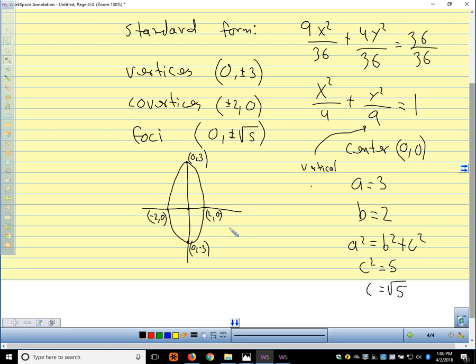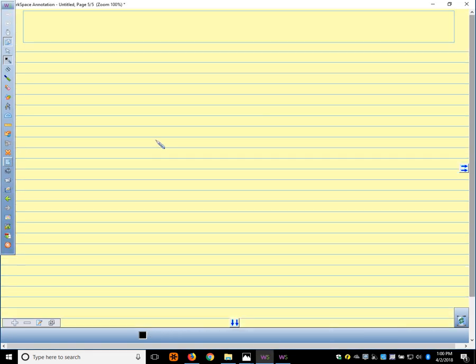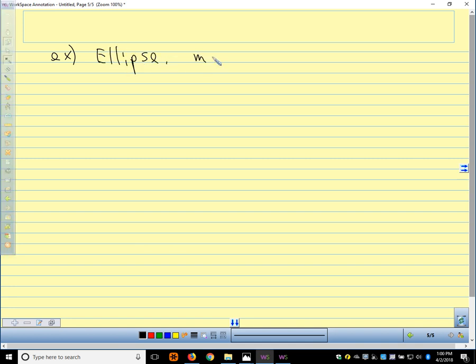All right, let's look at another one. We want the equation. This is going to be a standard form. We have an ellipse with major axis 10, foci at plus or minus 3, 0.